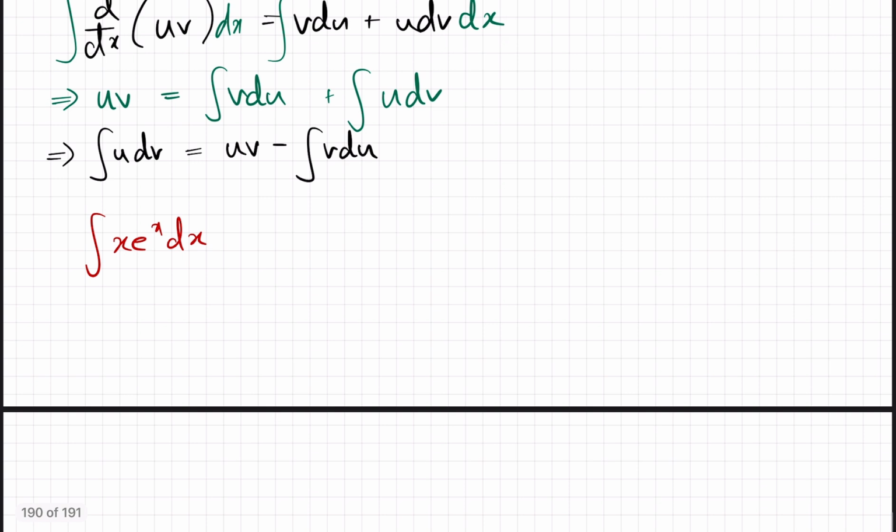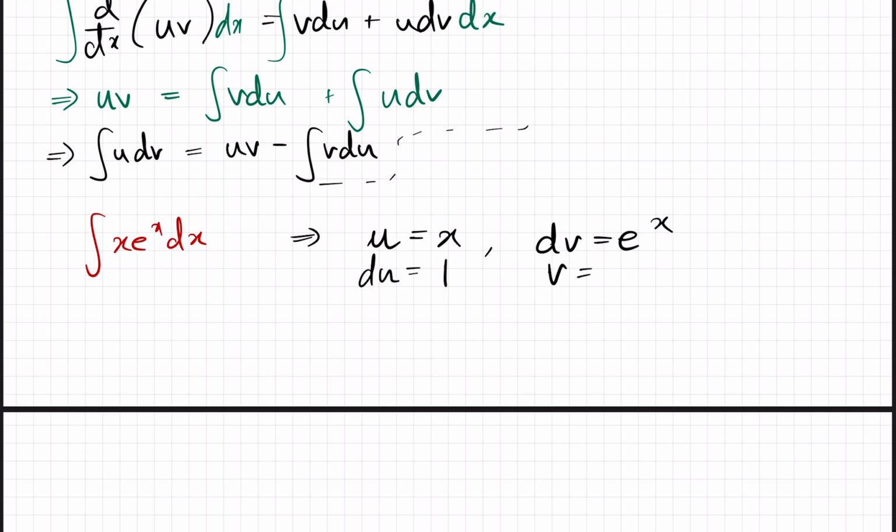So if we set u equal to x, and we set dv equal to e to the x dx, it's going to allow us to easily calculate du. That's just going to be 1. And v is the integral of dv, which is just e to the x.